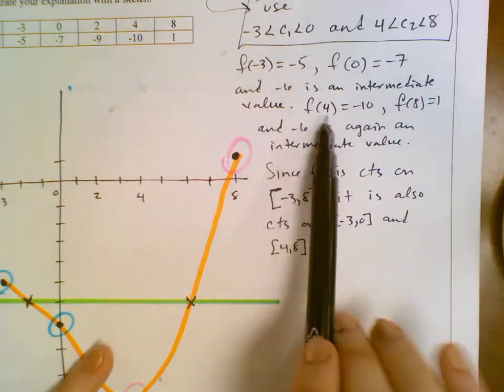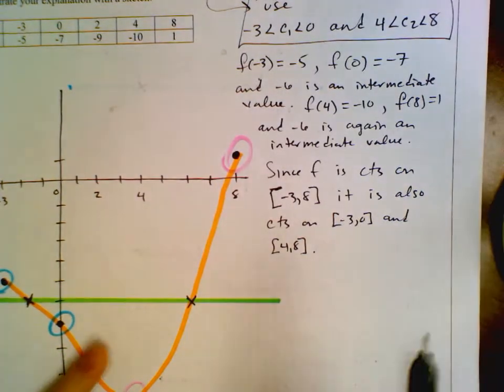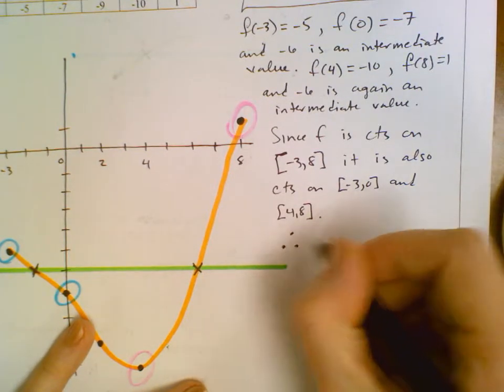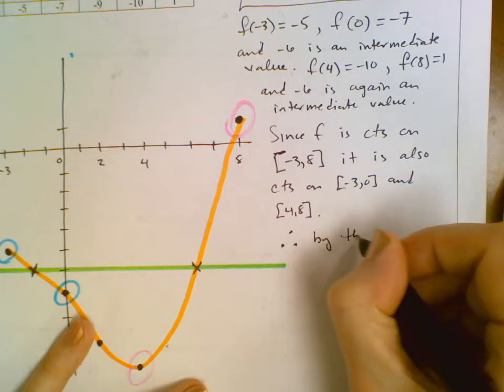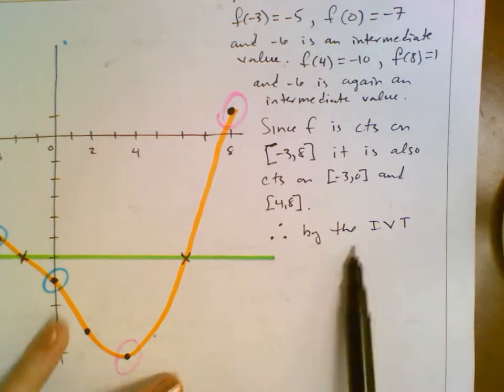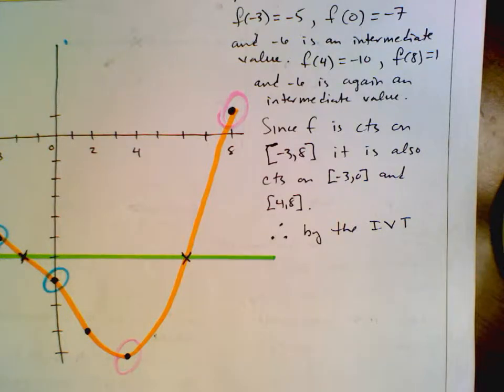Okay, so I showed continuity, and I did the intermediate value stuff. Now I can say, therefore, by the IVT. And by the way, if you don't say therefore by the IVT, they won't give you credit, because you have to show them that you know the name of the theorem. That's what they want.